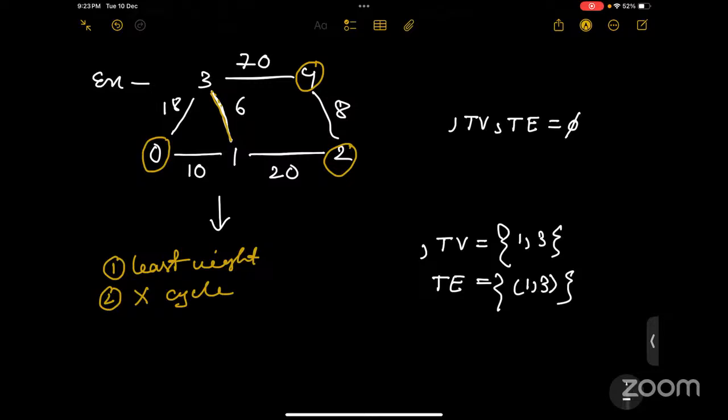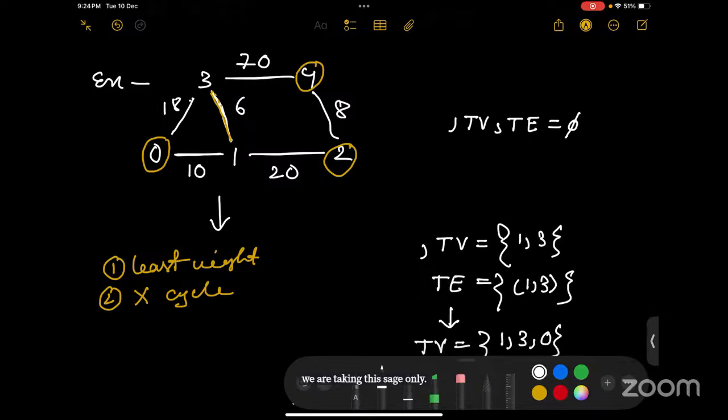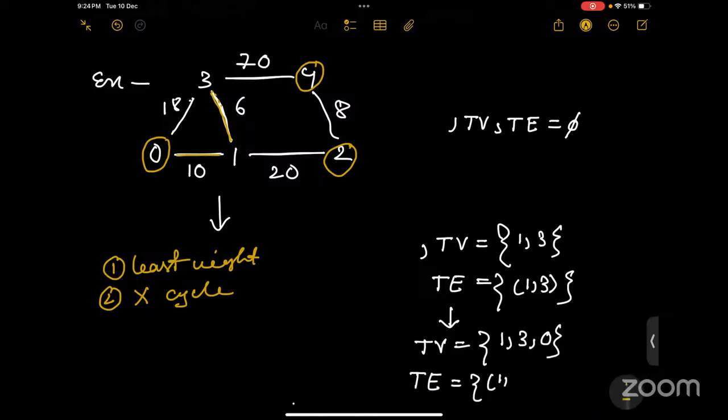So now our updated TV will become 1, 3, then 0, and TE becomes... We won't take 0, 3 now because it's making a cycle.